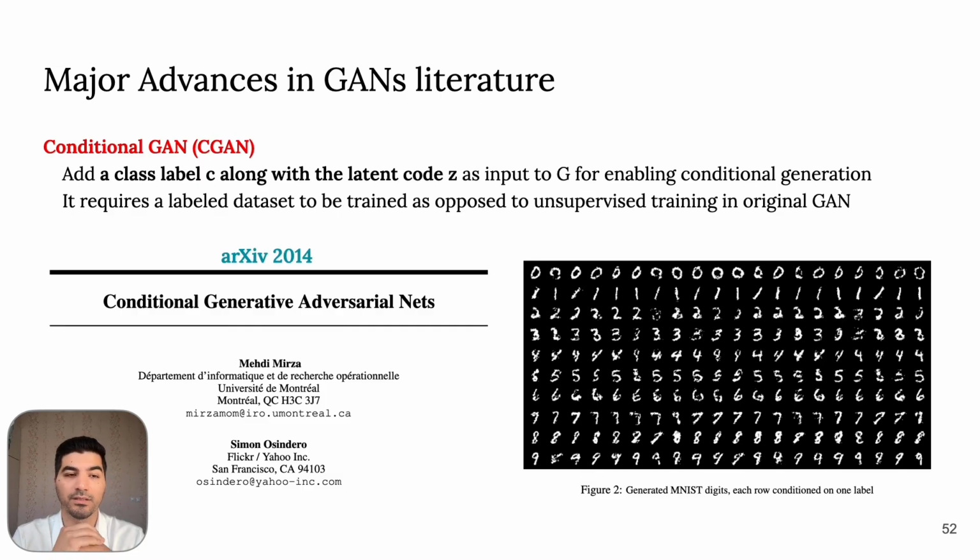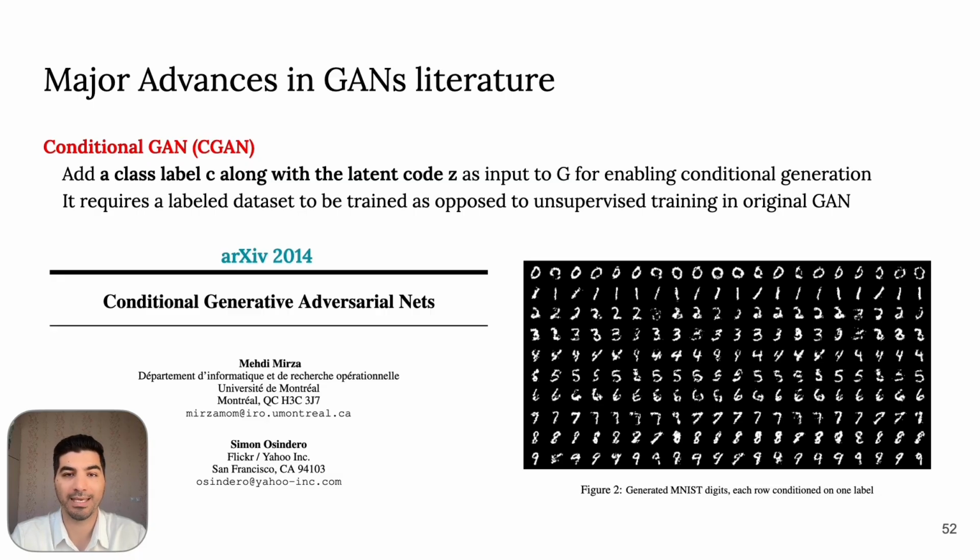We start with the conditional GAN, or CGAN. As you see, this is the paper for CGAN, and the first author is Mehdi Mirza, who is one of the co-authors of the original GAN paper. What they do is add a class label C along with the latent code Z as input to the GAN.